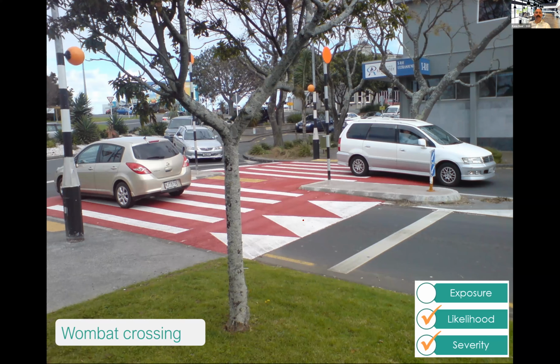But nonetheless, if you are particularly worried about that, you could look at things like speed calming on the approach, such as a speed cushion, which I think we all know what a speed cushion is. I don't need to draw it there. So the bus can straddle it, whereas the vehicles slow down and things like that. But you really do need to look at that severity aspect of it.